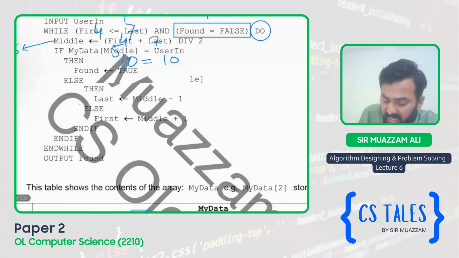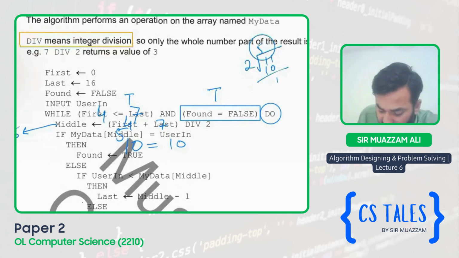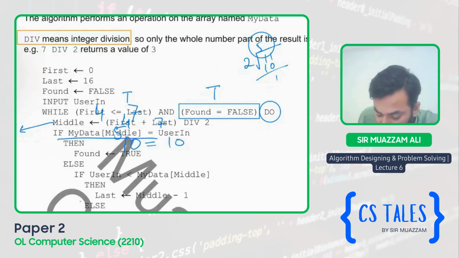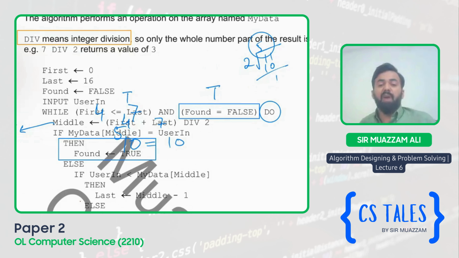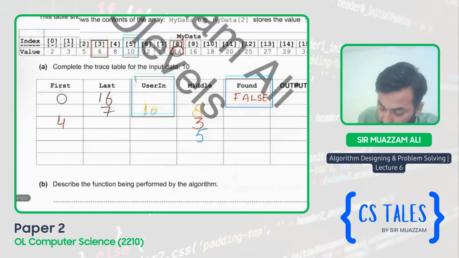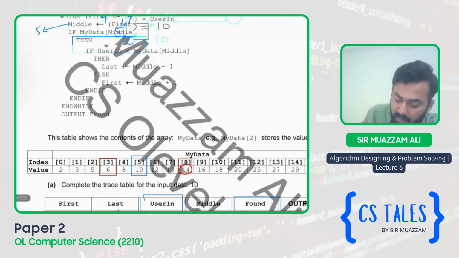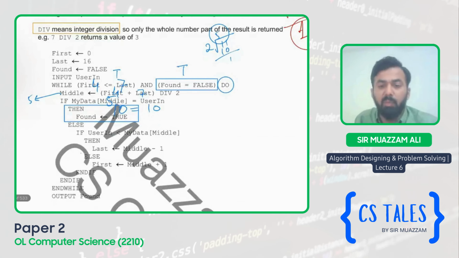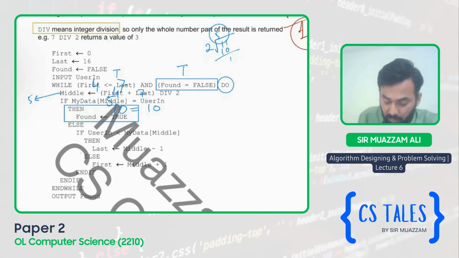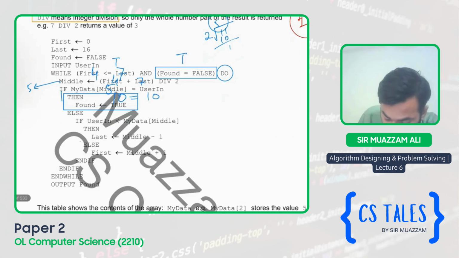So 10 is equal to 10. If 10 is equal to 10, it means the then part will be run. Then found is equal to true. When this part is true, then you will move back and your if will end.